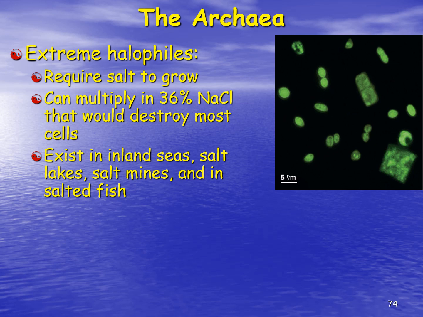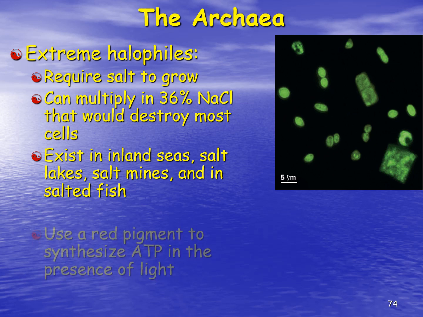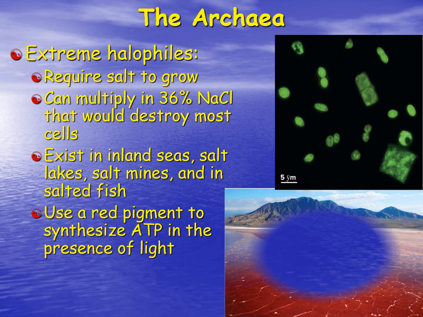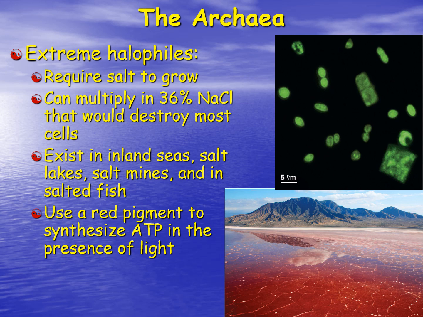And this is just a picture of some of these. They can use a red pigment to synthesize ATP in the presence of light, and one of the problems with some of these archaea is that they can cause red tides that can then cause death to any other living organisms within the area.